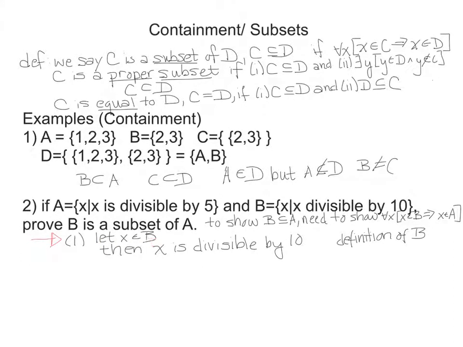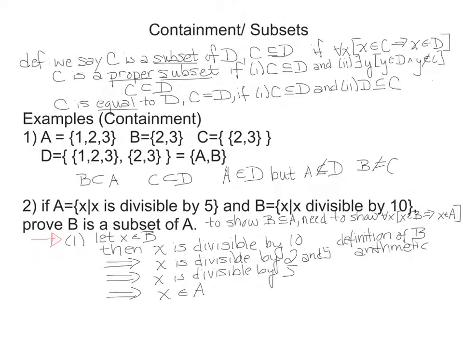Well, if X is an element of B, then X is divisible by 10. My justification for this statement comes from the definition of B. My next statement: if X is divisible by 10, then X is divisible by 2 and 5, and that just comes from arithmetic and the definition of divisible or factors.